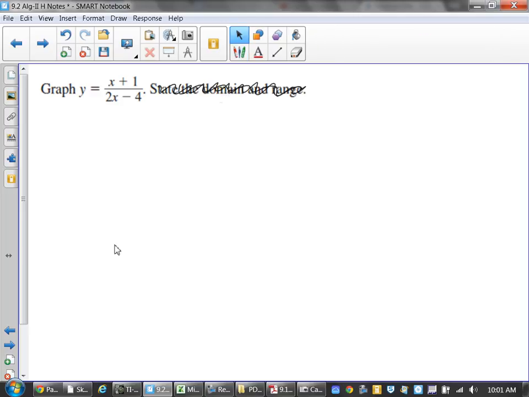So let's graph this. We have y equals (x plus 1) over (2x minus 4). Go through your steps of how you do it. Obviously, in this case, you're looking at the two polynomials divided out.